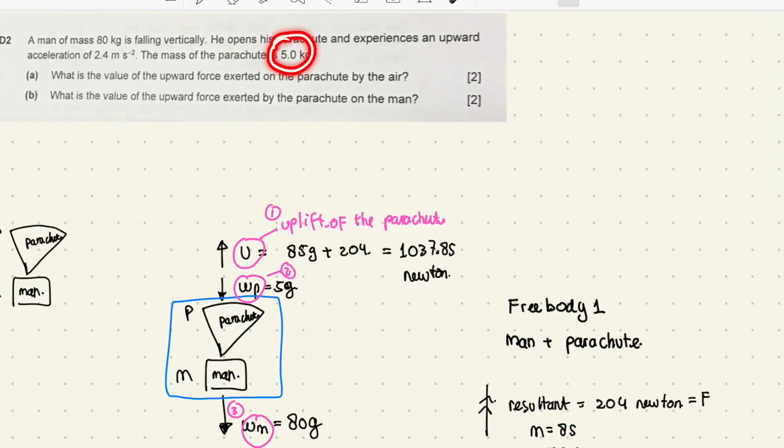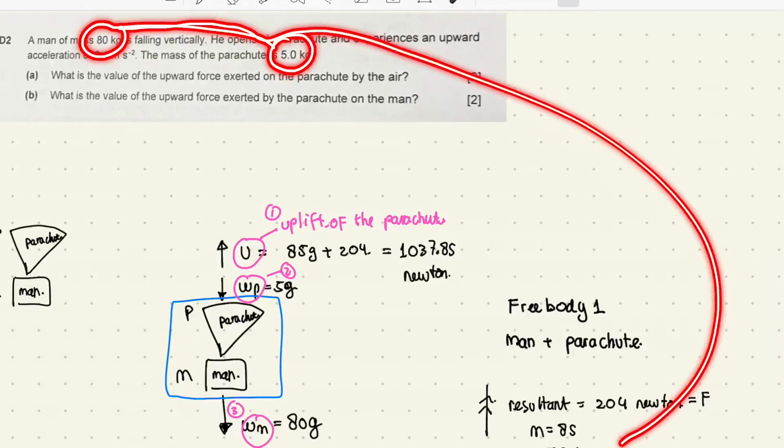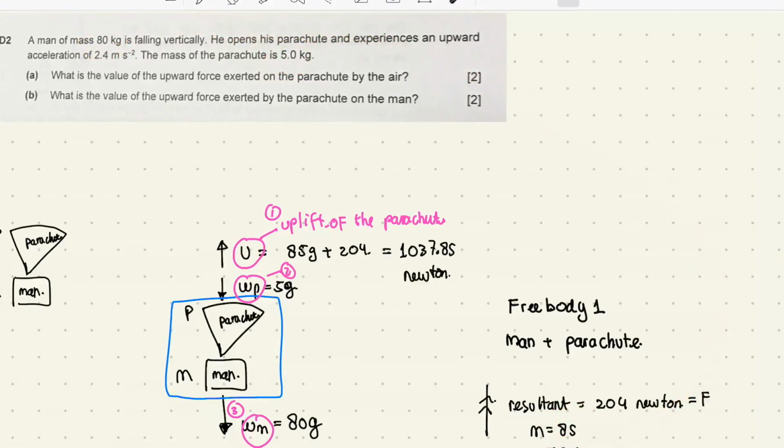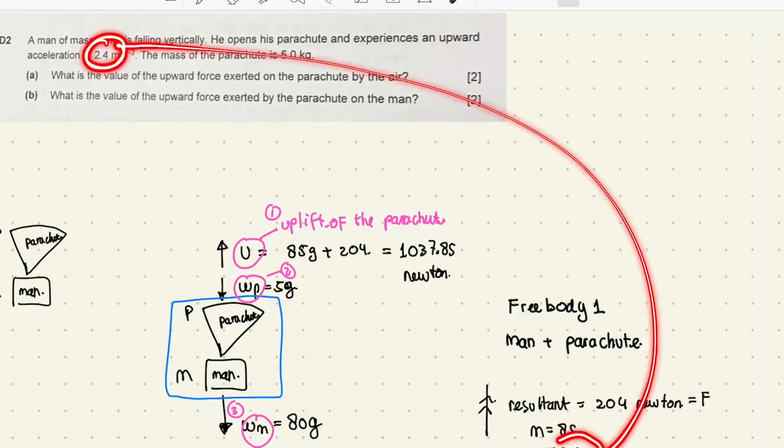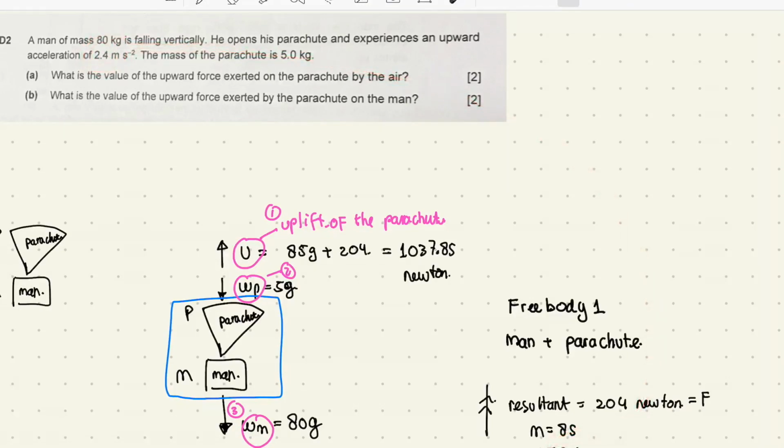You can easily tell from here. So the total mass is 85 kg. Acceleration is 2.4. So these two pieces of information we get from the question: 85 and 2.4.